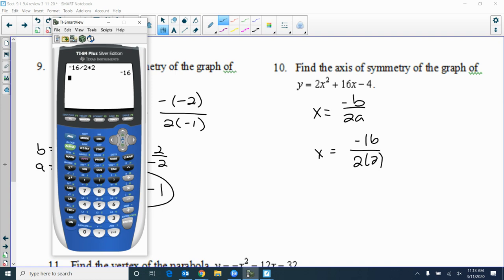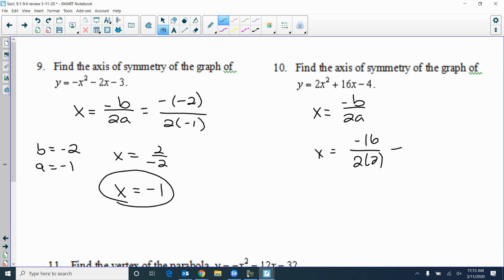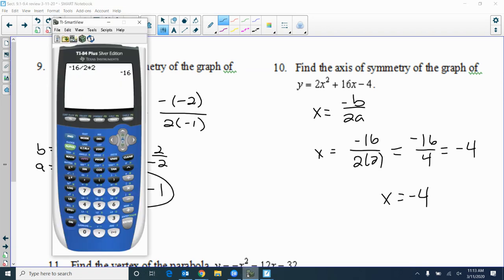That is not the answer. The answer is -4. These aren't very big numbers, so make sure you take the denominator down to one number. What's 2 times 2? 4. So this is -16 divided by 4. You have to come up with x equals -4. Yes, you can put the denominator in parentheses.